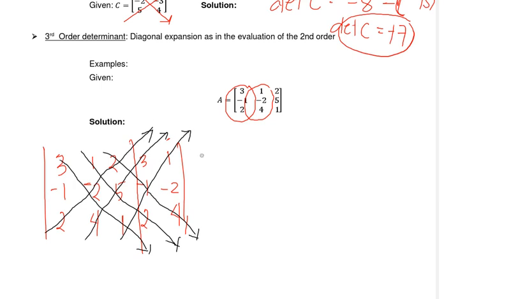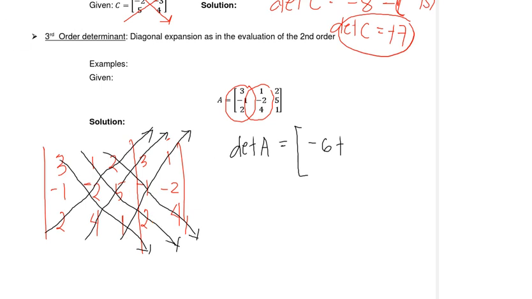So yung magiging determinant natin dito, so yung determinant of matrix A is equal to yung sum. So ano yung magiging sum natin for the downward diagonal? So ito yung downward diagonal natin. We have 3 times negative 2 times 1. That is negative 6. So negative 6 plus yung second natin, downward diagonal is 1 times 5 times 2. That is 10.